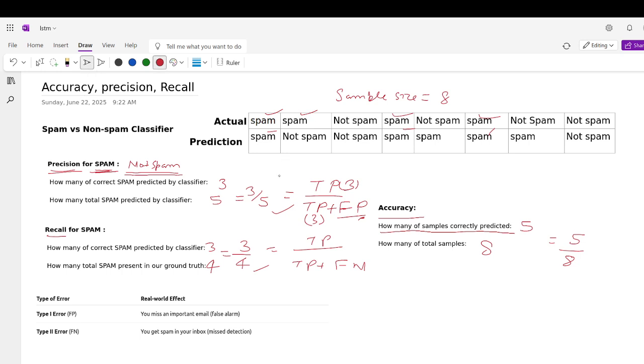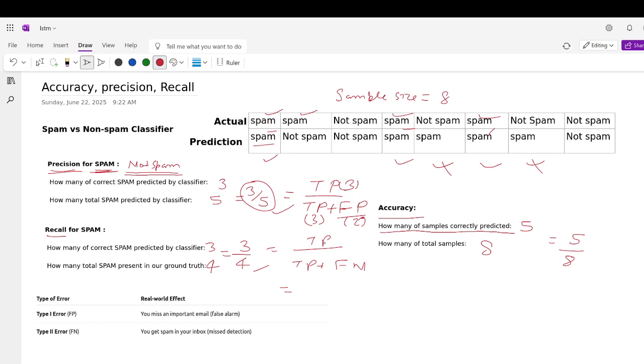Okay, so the positives predicted by our model as spam are this one, this one, this one, this one, this one. How many of them are false? This is false. This is false. That number is 2. So it matches up: 3 divided by 3 plus 2, which is 5. 3 divided by 5 is our answer.